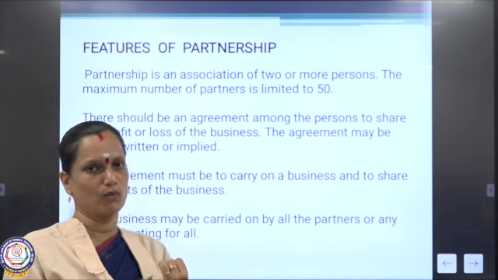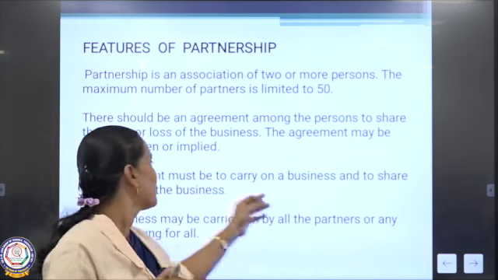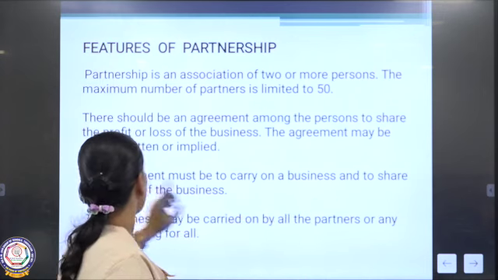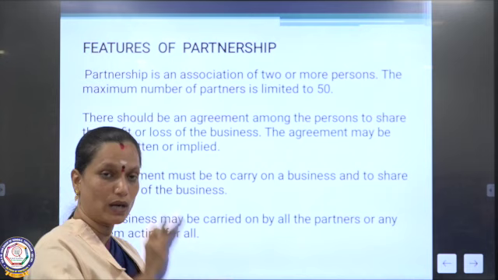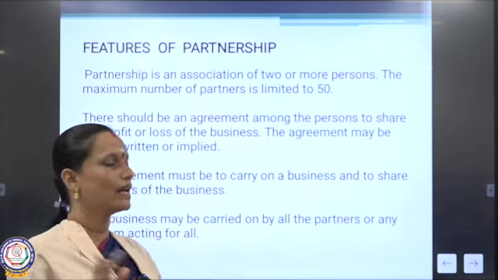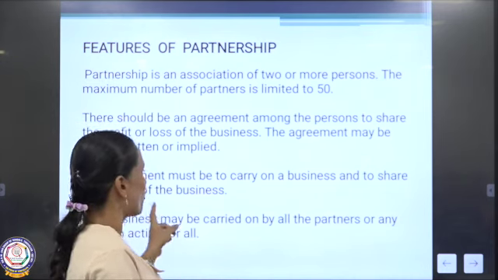And the agreement must be to carry on a business and to share the profits of the business. So the agreement must be only for the business, not their personal things.